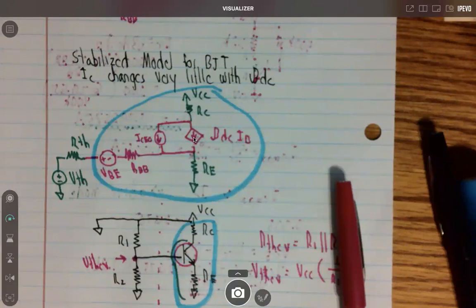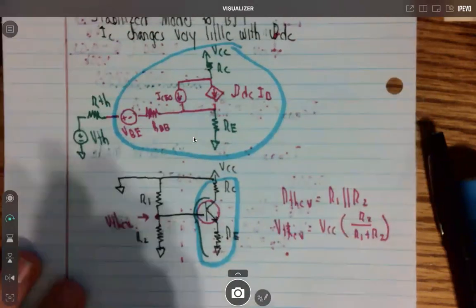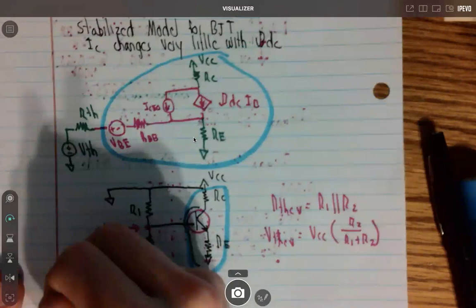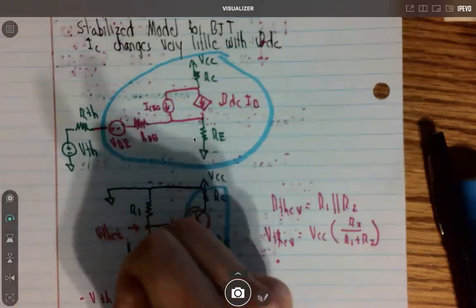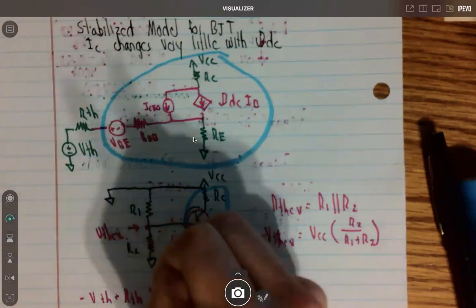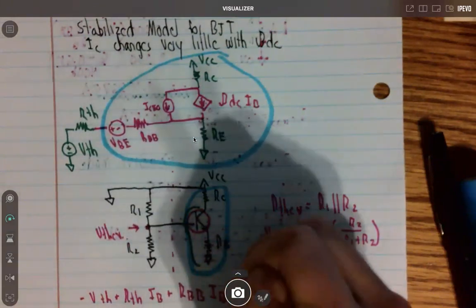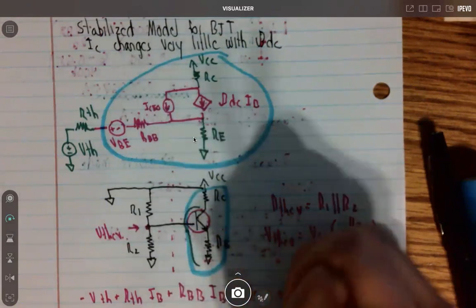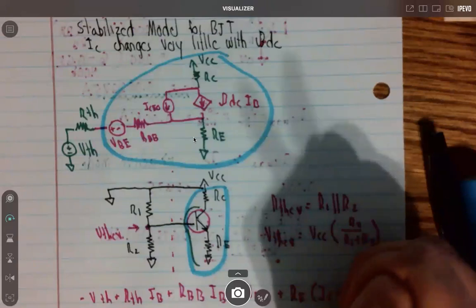And so we started with this equation from this model up here. Dr. Ari started solving it. So it's minus V Thevenin plus R Thevenin IB plus RBB IB plus VBE plus RE times IC plus IB is equal to 0.